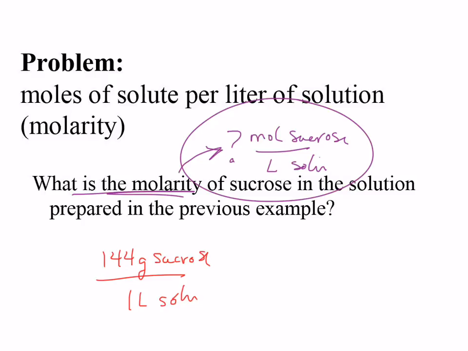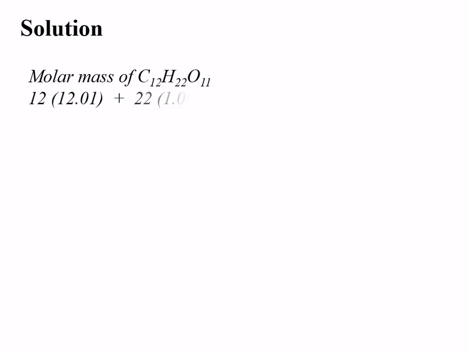Exactly. So somewhere in your work you would need to show this. This is the molar mass of sucrose. We take 12 times 12.01 for carbon, plus 22 hydrogens times 1.008, plus the term for oxygen, 11 times 16.00.